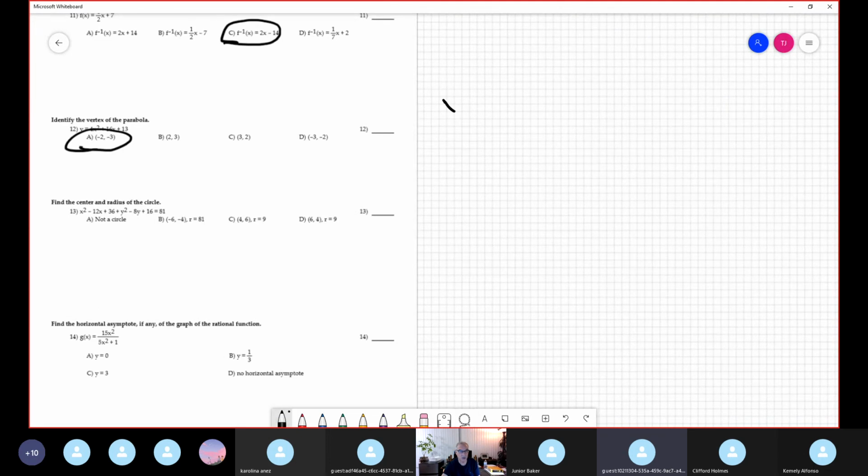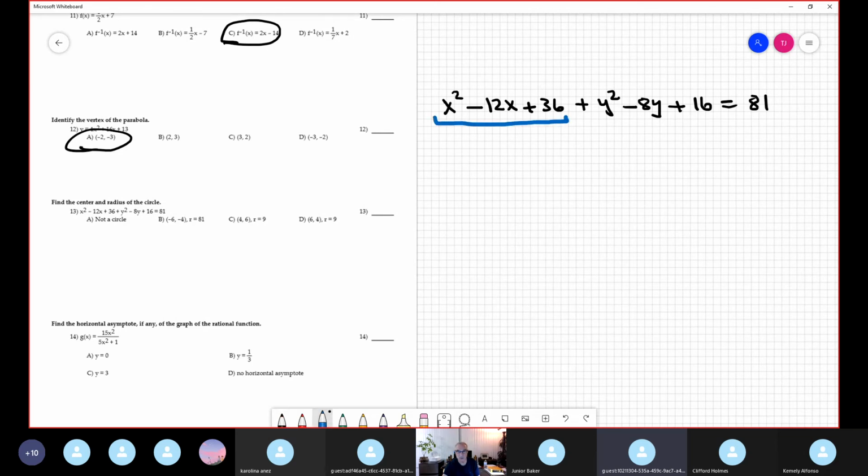Okay, it's x squared minus 12x plus 36 plus y squared minus 8y plus 16 equals 81. Wow, it's easy. Look at that. This trinomial is a perfect square, because the factorization of this is x minus 6 squared, correct?